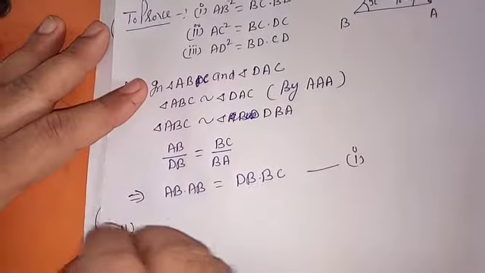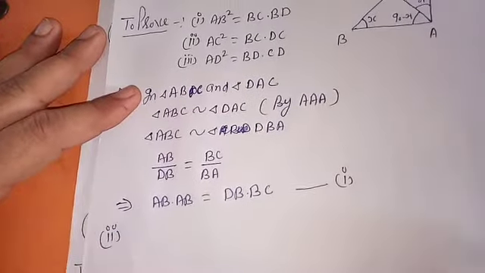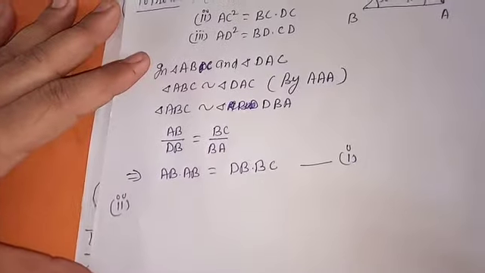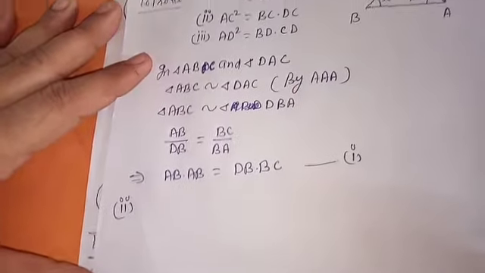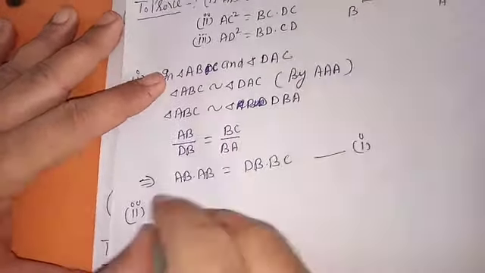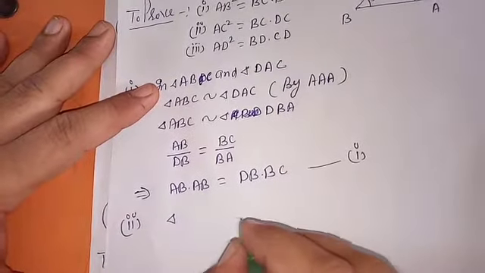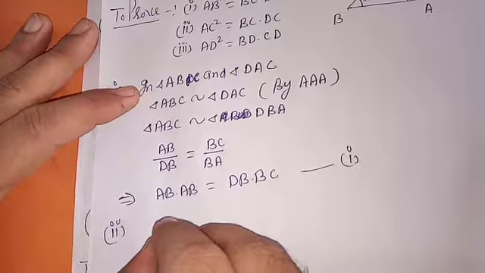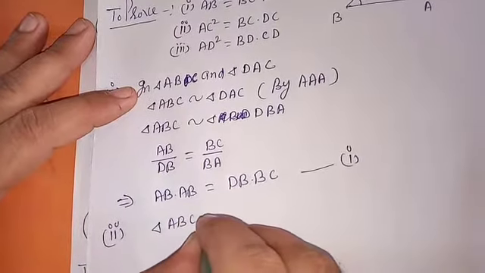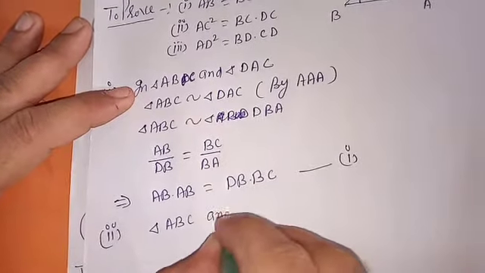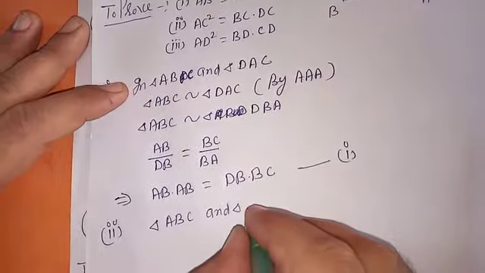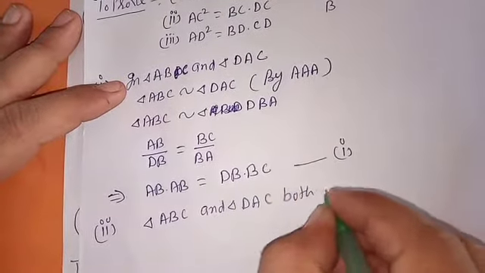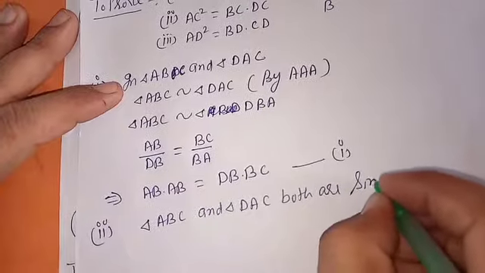Now second part. You have to prove AC square. So which triangle you can take? Triangle ABC and triangle DAC, both are similar. You know about this.